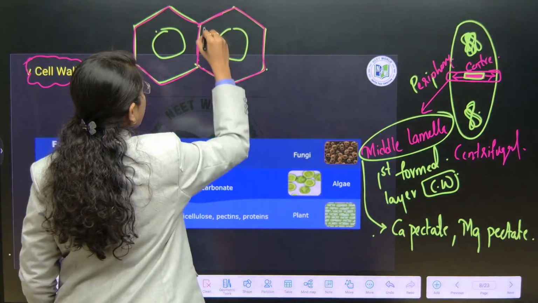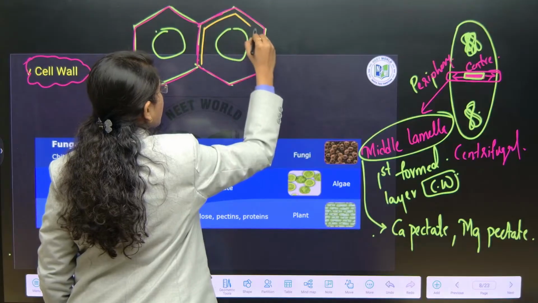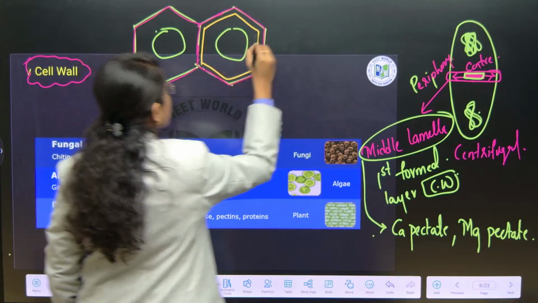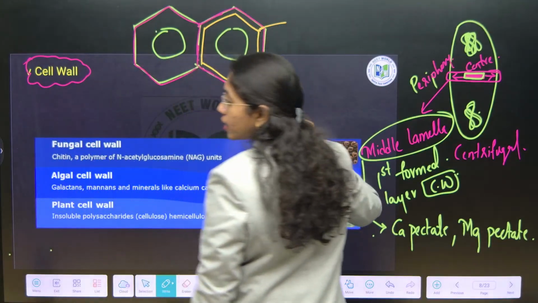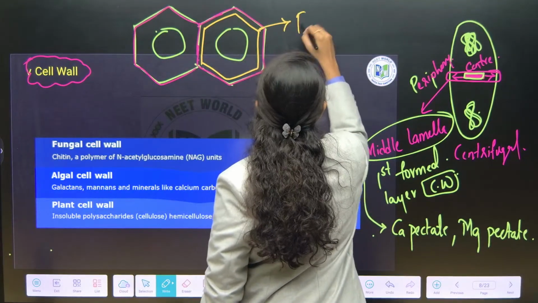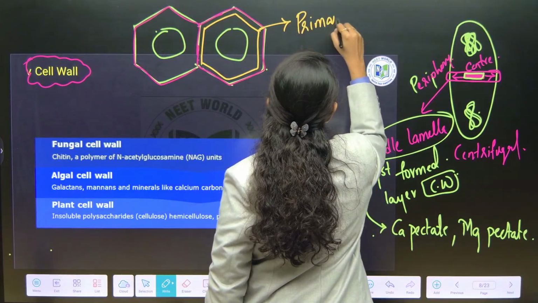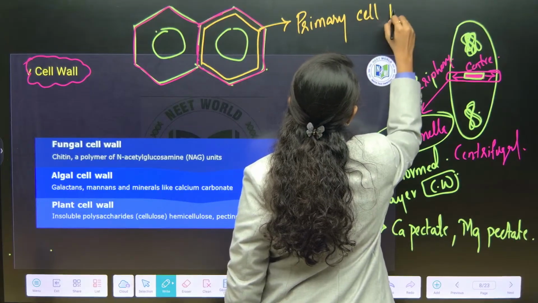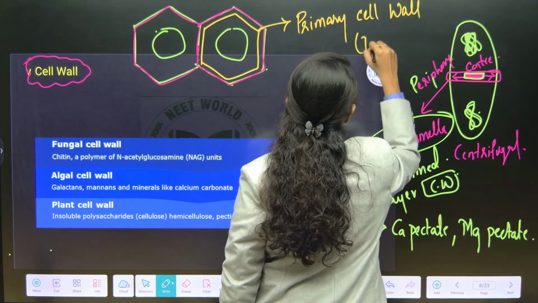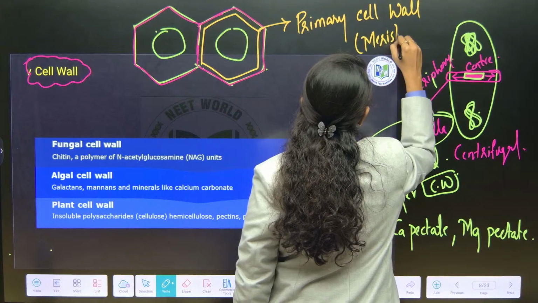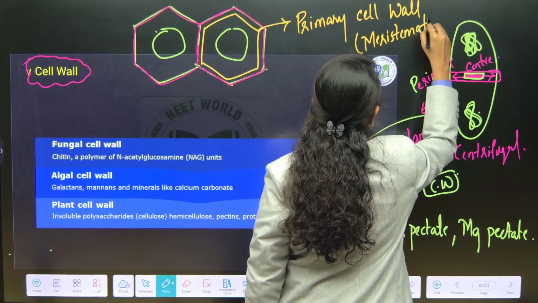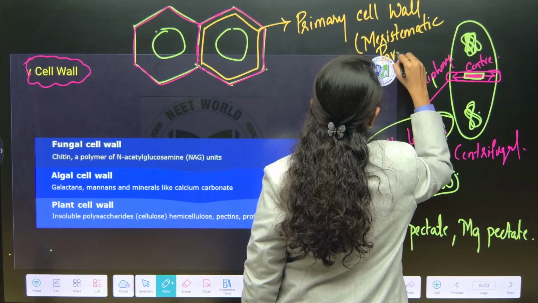This primary cell wall is meristematic and it is parenchymatous.